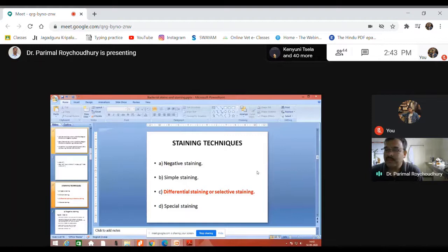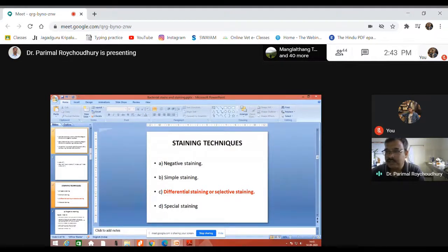That's what we call simple staining. But simple staining doesn't give us as much information as differential staining and special staining can provide. So sometimes we perform simple staining for rapid identification of the shape and arrangement of the bacteria, where we use a single dye compound. That's why it is called simple staining. Only one dye compound we use.